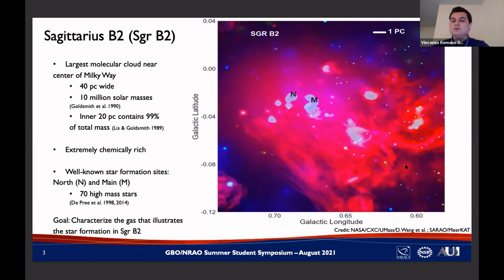The red shows the radio data and the white shows the bright radio continuum peaks. In Sagittarius B2, there are two hot, dense cores in the center of its region that is well known for very high star forming activity. The overall goal of the project is to characterize the gas that illustrates star formation in Sagittarius B2, particularly including North and Main, but also analyzing the different regions around the cloud.